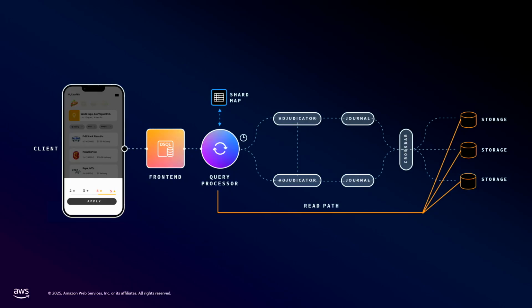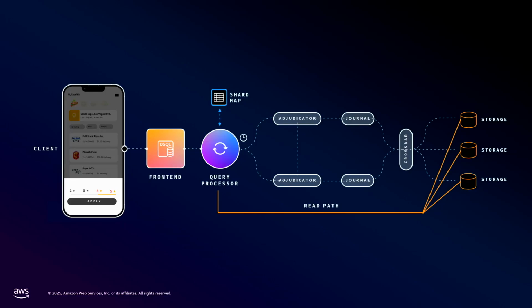One thing you might be noticing is that we're not consulting the adjudicator, we're not looking at the journal, and we're not consulting the crossbar. Because with this read-only transaction, we don't need to look for any conflicts. We're reading the data on the system, so we don't need to involve these conflict-resolving components and making sure transactions are durably stored.